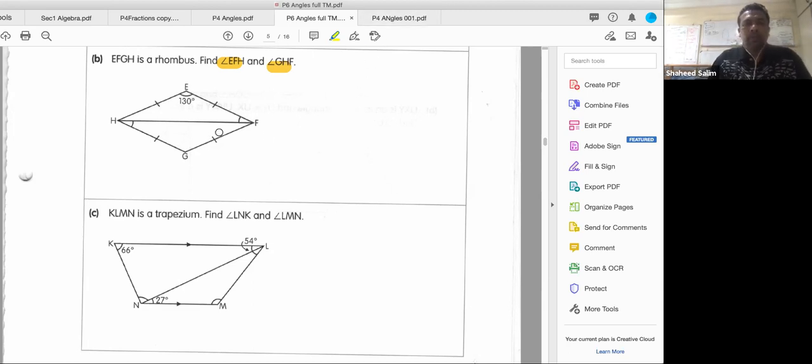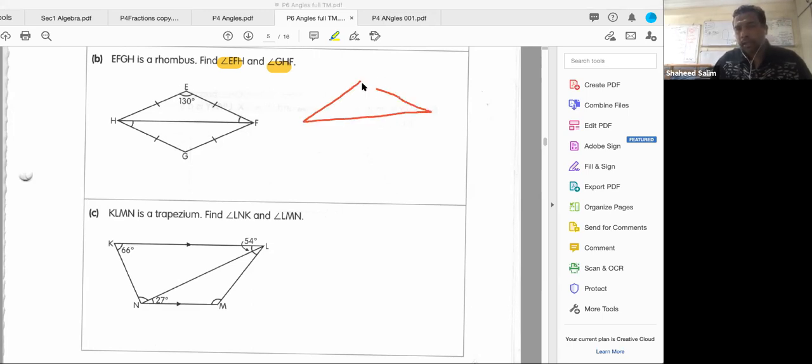So this now is an isosceles triangle. This is 130. These two are the same, right? So take 180 minus 130, get 50. 50 is for these two. 50 divided by 2, get 25, 25. So this here is 25.